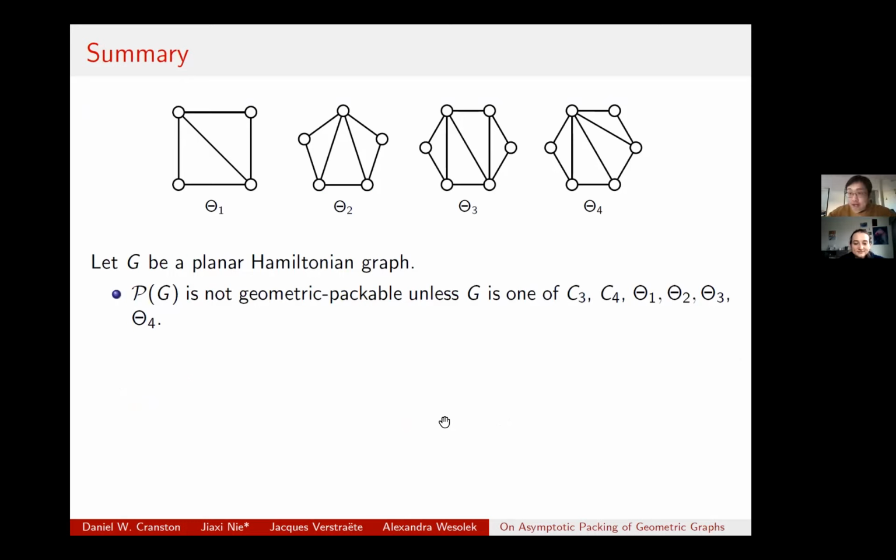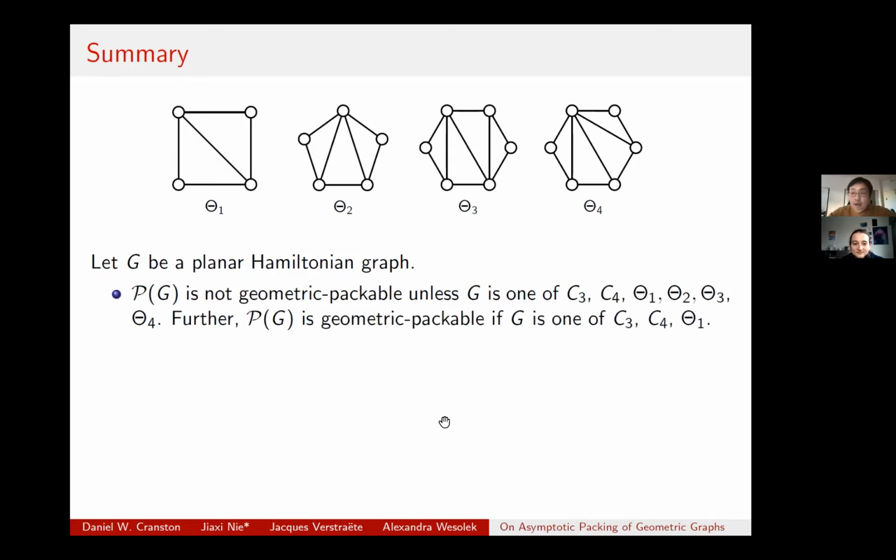And we don't have much time left, so let me summarize our main results. If we let G be a planar Hamiltonian graph, then P of G is not geometric packable unless G is one of 6 candidates: the 3-cycle, the 4-cycle, and theta 1, theta 2, theta 3, theta 4, as shown above.